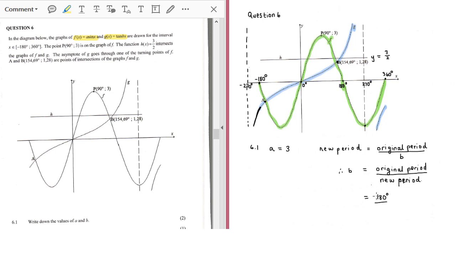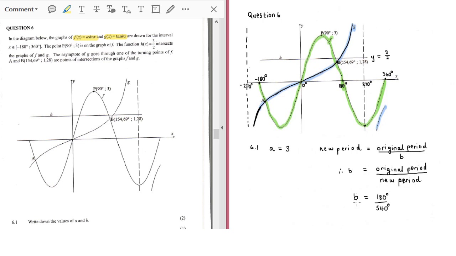So basically this graph is taking 540 degrees to complete a full cycle. And this is the full cycle of the tan graph. I am going to draw over it. So that's one full cycle of the tan graph.